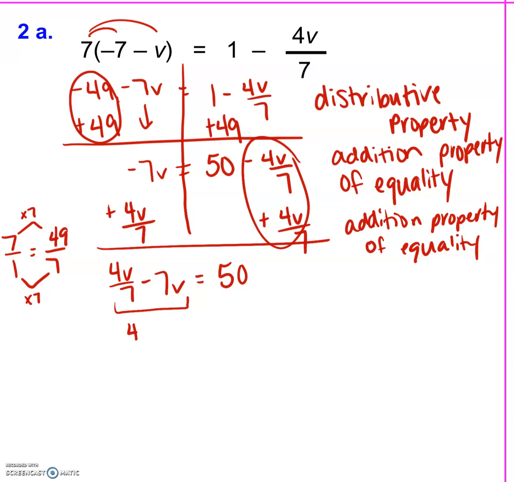So now I'm adding 4v over 7 minus 49v over 7. And it still equals 50. And 4v minus 49v would be negative 45v over 7 equals 50.